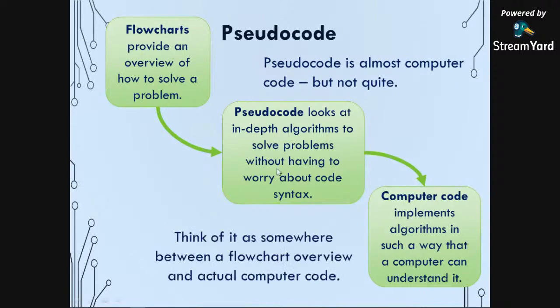So what you need to think about with pseudocode is that it's somewhere between a flowchart overview, that sort of step-by-step idea that we just had a look at, and actual computer code. So with flowcharts, you have to draw all your shapes out, whereas in pseudocode you don't really have to draw the shapes. And with computer code, you have to make sure all of your syntax and all of the commas are in the right place and all of that kind of thing.